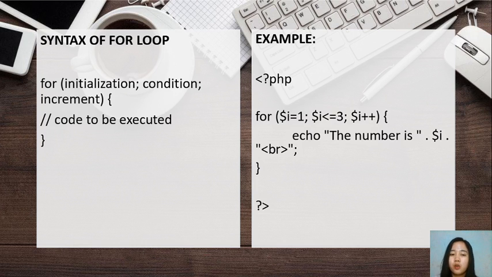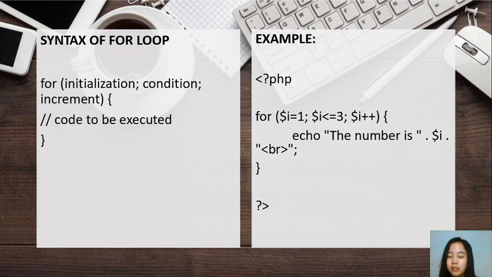It goes back to the code, and it executes the code for the number is, then the variable I which is 1. Since the condition is true, it executes, then increments. So the value of I is now 2, and it reads the condition again: 2 is less than or equal to 3, which is true.